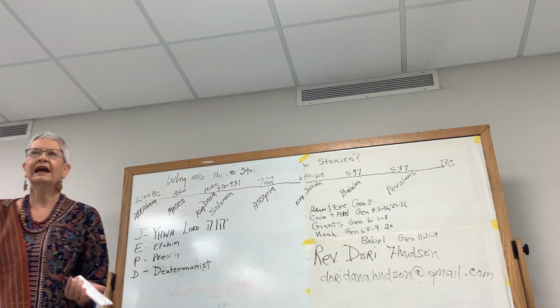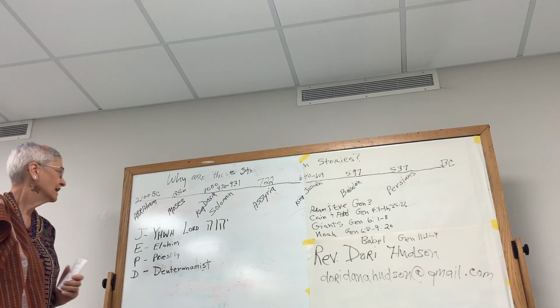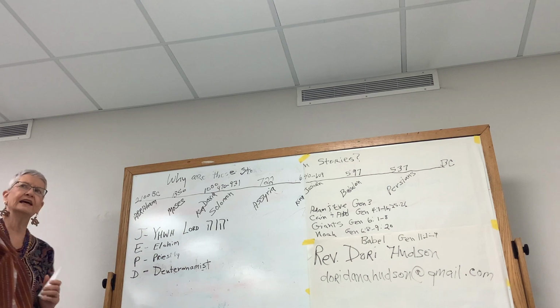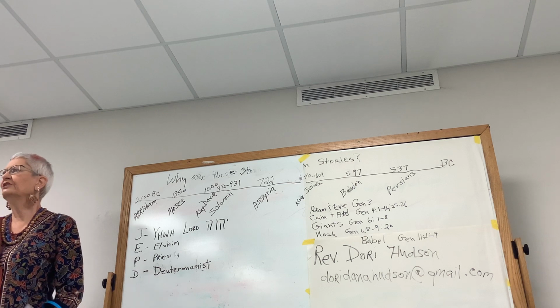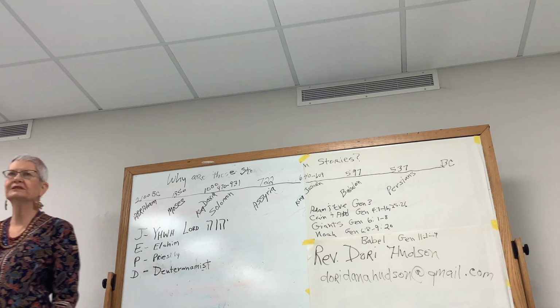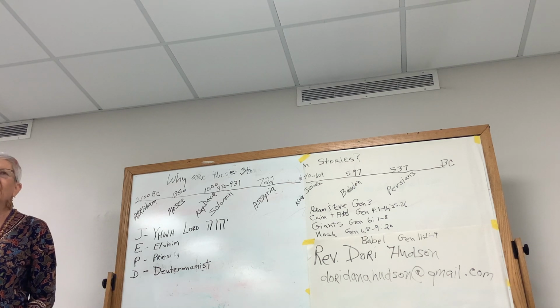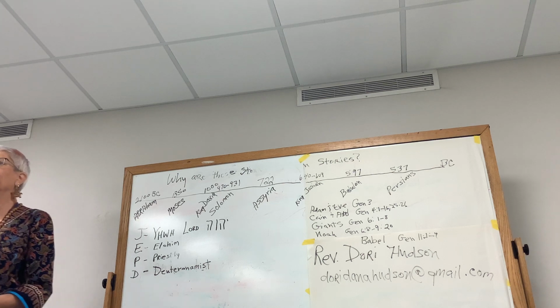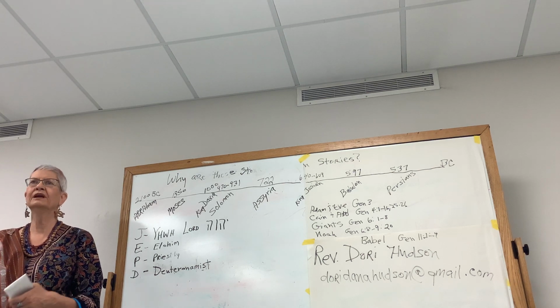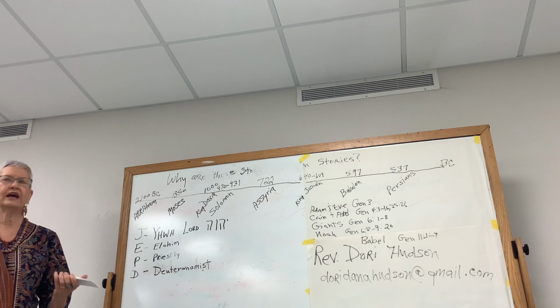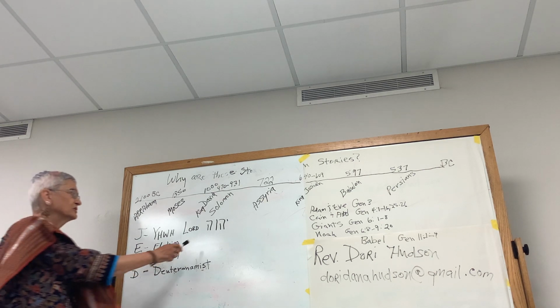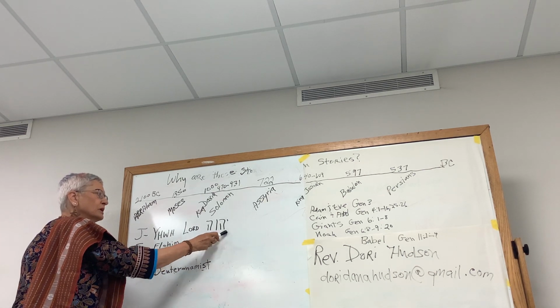Now, J is for Yahweh. It's a J instead of a Y because in German, and these were mostly German scholars who did this work, there's not a Y in this place. The word Yahweh becomes spelled with a J. Now, this is the way you write it in Hebrew.